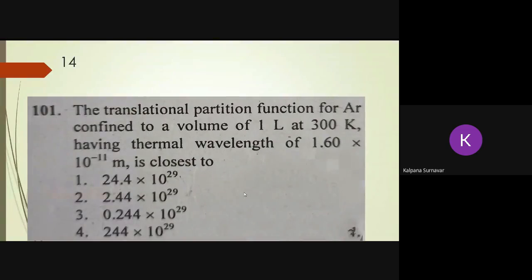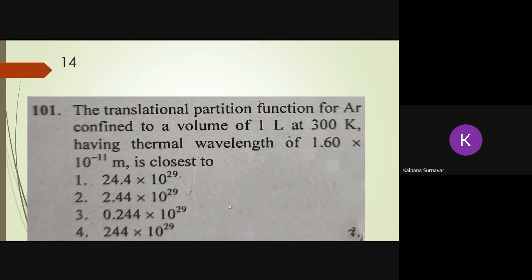And we have to distribute the given number of particles or molecules in the available energy levels. For that, there is a partition function. Partition is just the distribution of the molecules, ions, electrons or atoms in the available energy levels of the given system.